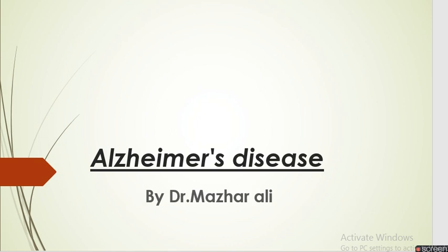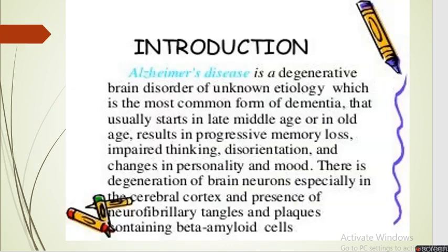Because with age there is cerebral cortex atrophy. When a patient becomes older, 30, 40 or 50 plus, his or her cerebral cortex shrinks and there are neurodegenerative changes. As a result, they give clinical features like dementia, which is a very common symptom of Alzheimer disease. So let's come to its introduction or definition.